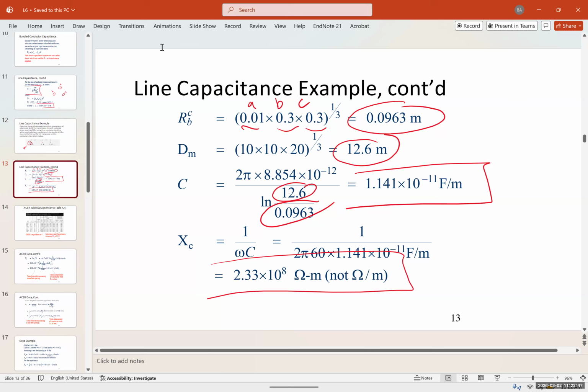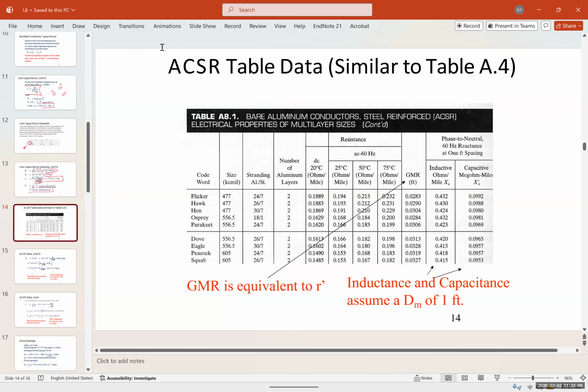Now, calculating all of this is difficult, and there is a reason. You don't know what material the wire is made out of. You don't know the purity of the material. You don't know how thick it is. So what the companies that manufacture it do is they usually give you a table.